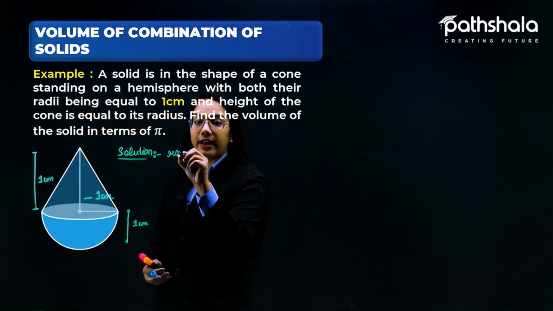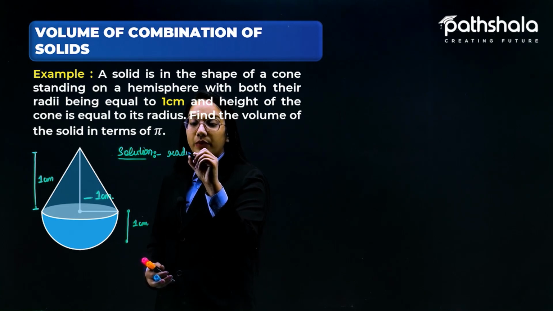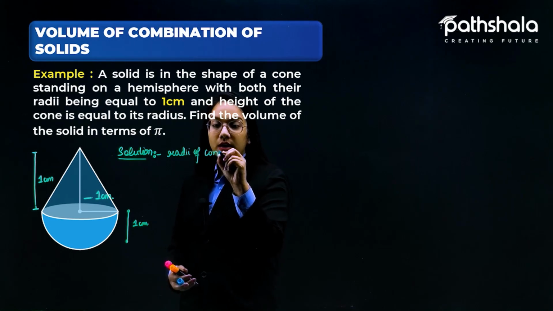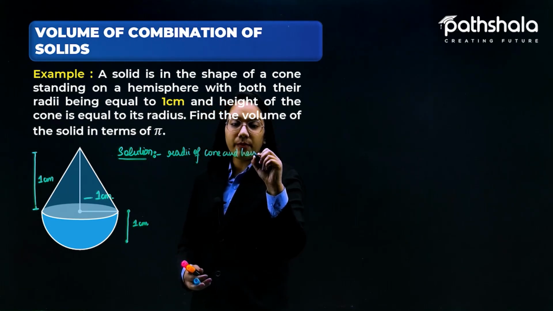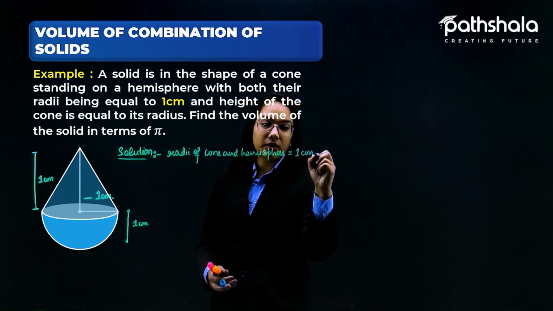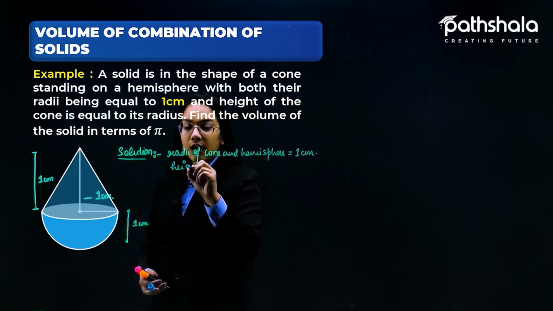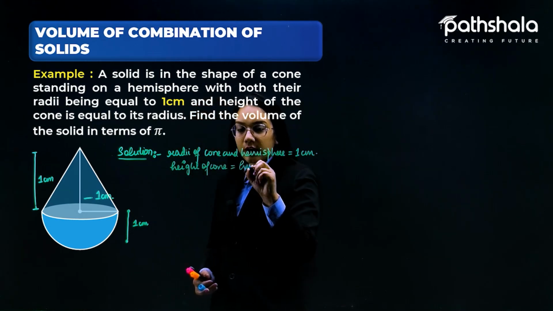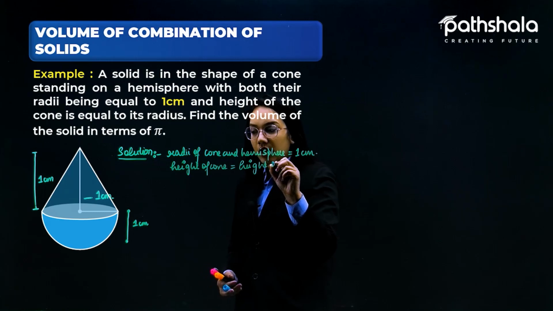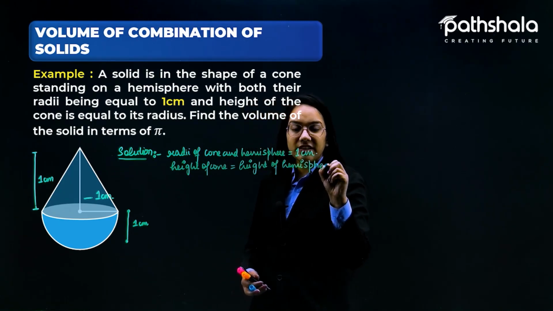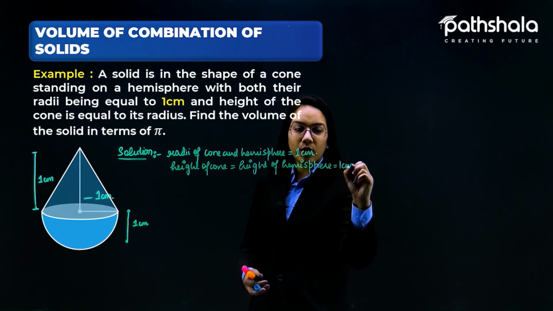First of all, the radii of cone and hemisphere are equal to 1 centimeter. Further, the height of the cone is again 1 centimeter.